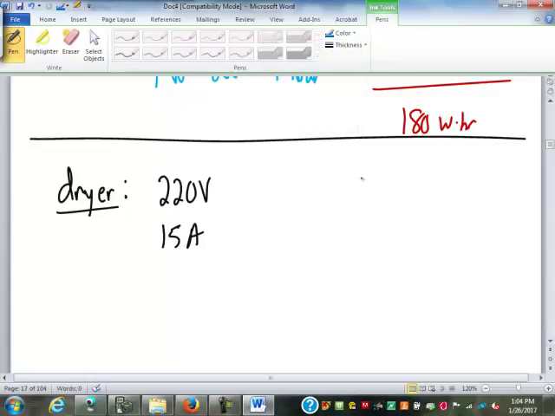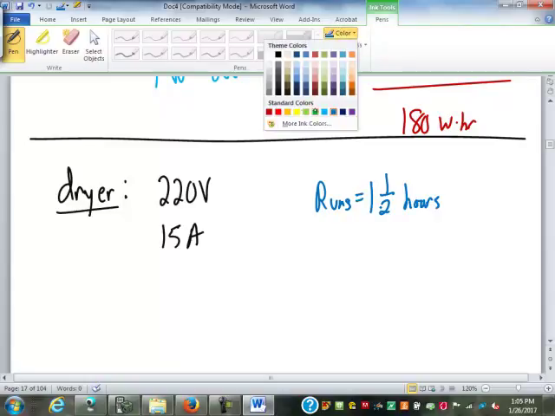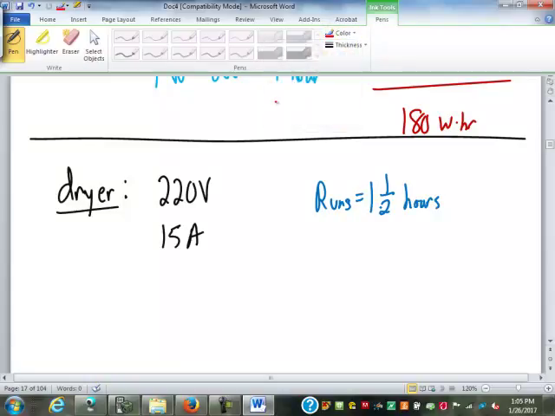So let's say you have a dryer that runs, we're just going to go 1.5 hours, is what the cycle is. It's a 90-minute drying cycle. So the power consumption in one drying cycle. Well, the power itself, 15 amps times 220 volts is 3,300 watts.